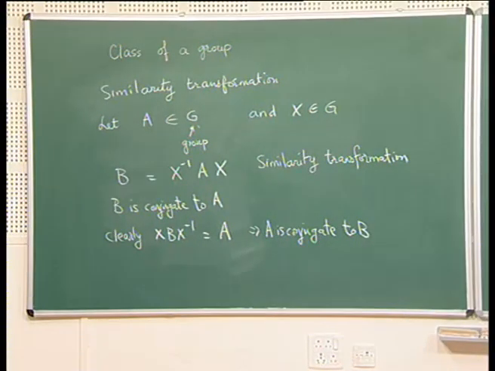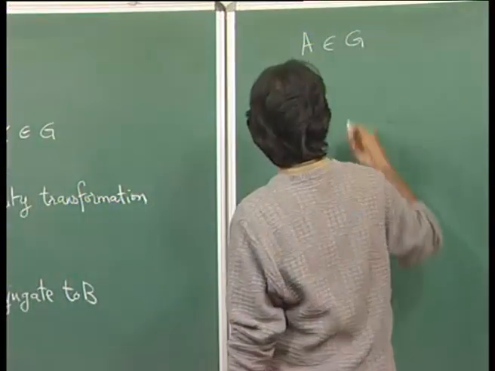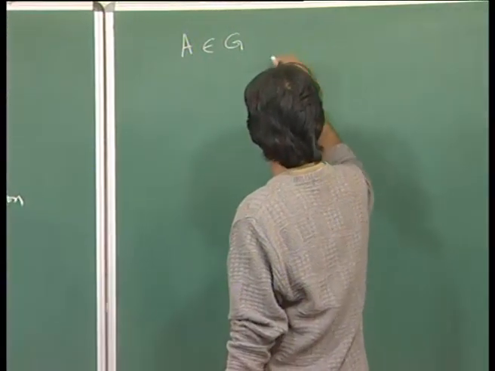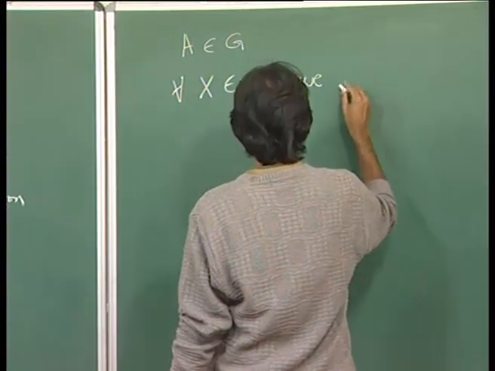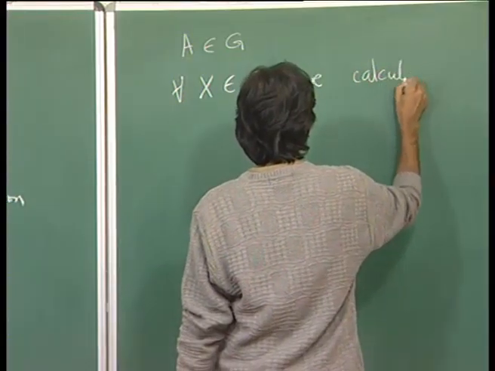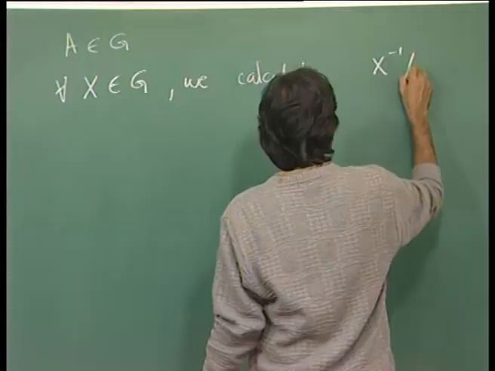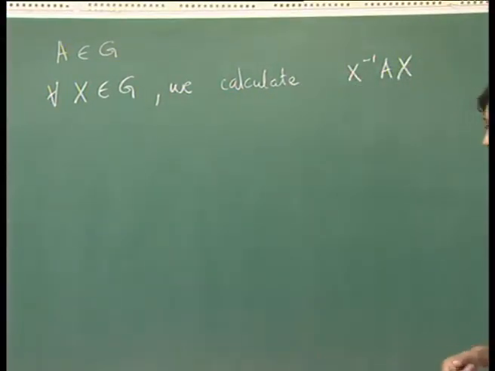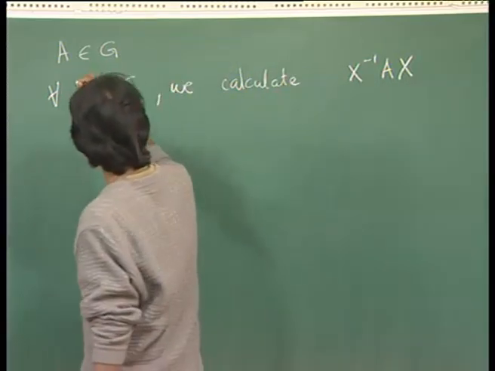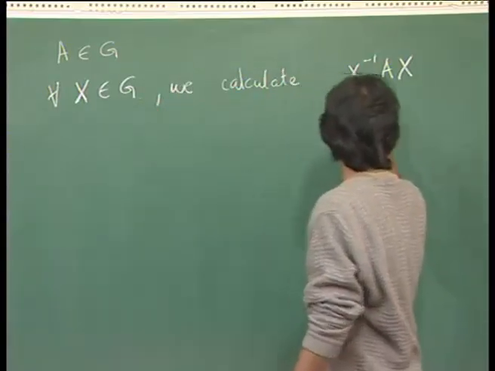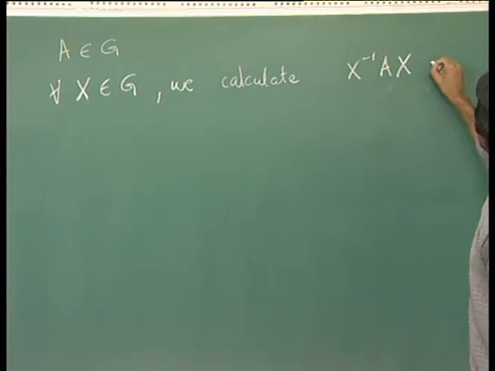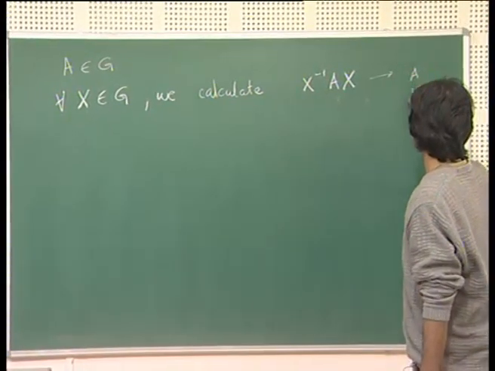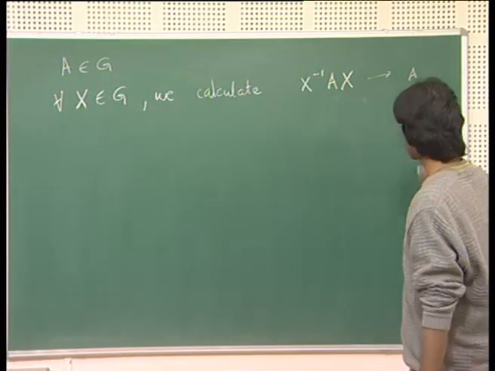Now, suppose we consider an element A contained in G, and for all X contained in G, we calculate X inverse A X. So, for all the elements of G, we calculate X inverse A X. A is one element of G. In some cases it will just yield A, and in some cases it will give you something else.